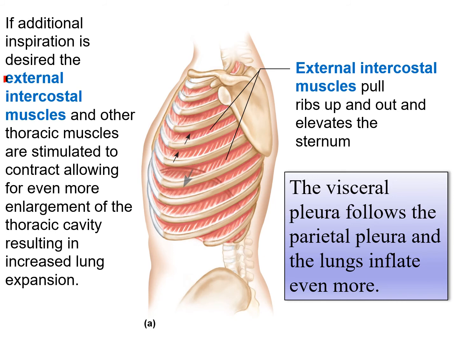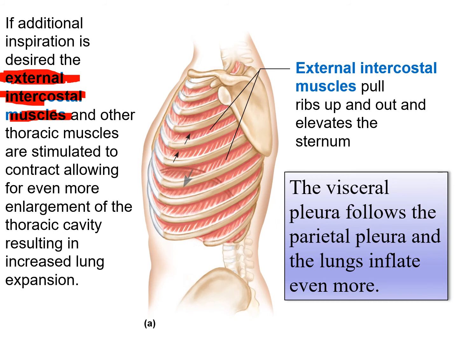The external intercostals are muscles that lie between the ribs. Inter means between, costal refers to rib. These are external, it means they're on the outside. There's also internal intercostals, which we'll talk about a little bit later, but these are the external. They're more external than the internal are, so they're on the surface here more so.